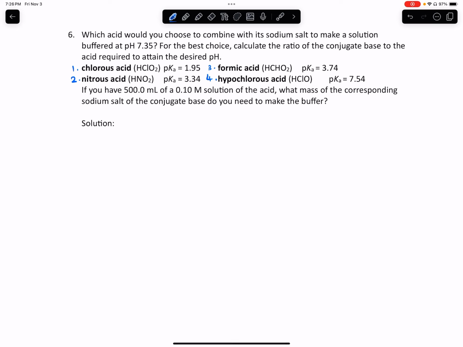Now you can do that, but I'll tell you right now that for the best choice, the ratio of the conjugate base to the acid is actually 1:1. That's usually the best choice.